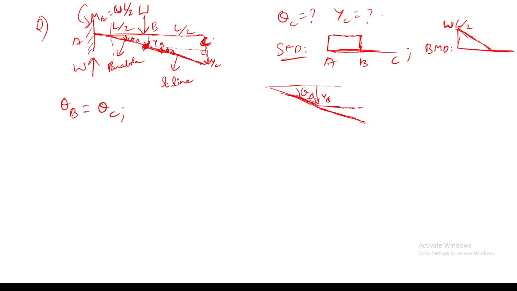Let's imagine this as y1 and this as y2. Y1 is equal to YB, right? Yes, sir. This is the distance of y1 and this will be the distance of y2. So y1 is equal to YB, and how can I find out y2? Let's suppose this is theta B. Tan of theta B I can write, right? Yes, sir. Tan of theta B equals what?